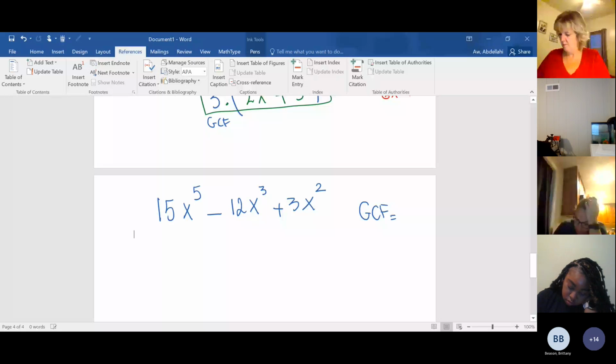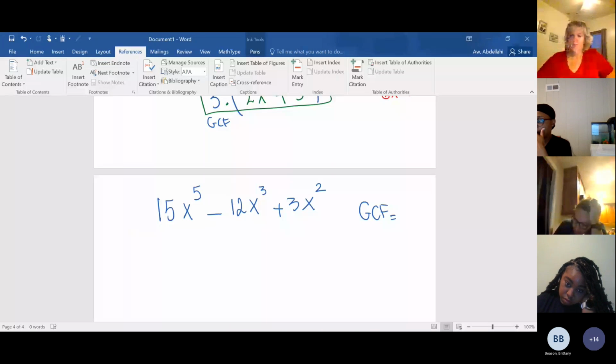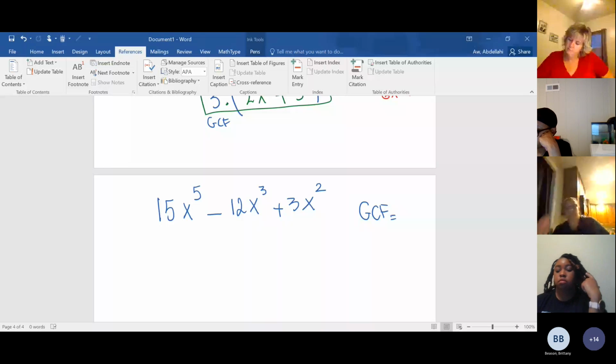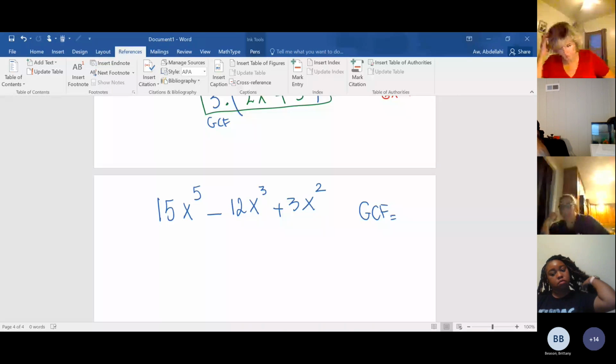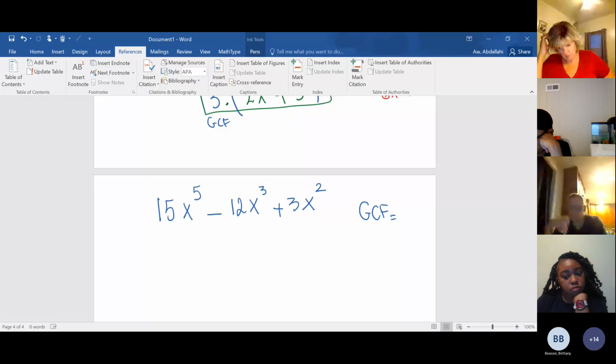What is the greatest common factor between 15, 12, and 3? 3. And here I'm going to tell you something. The GCF cannot exceed the smallest number, 3.